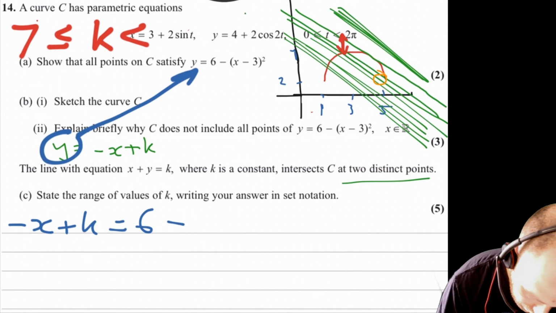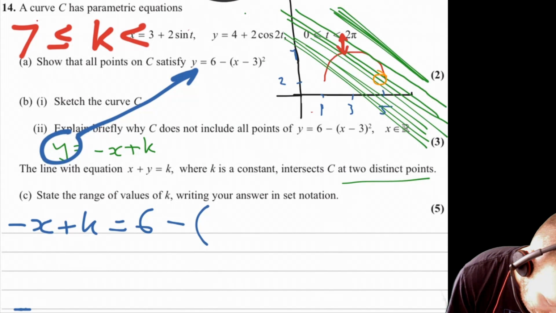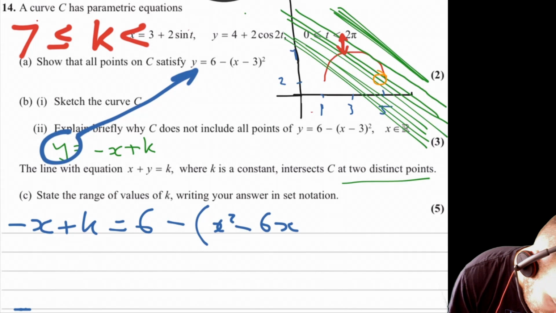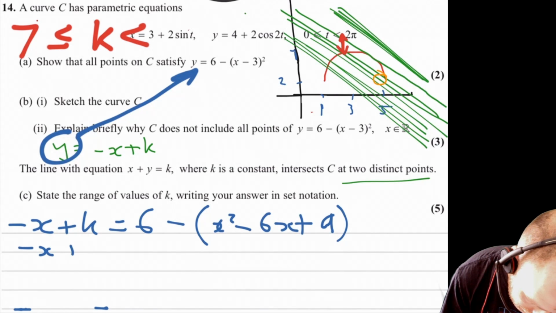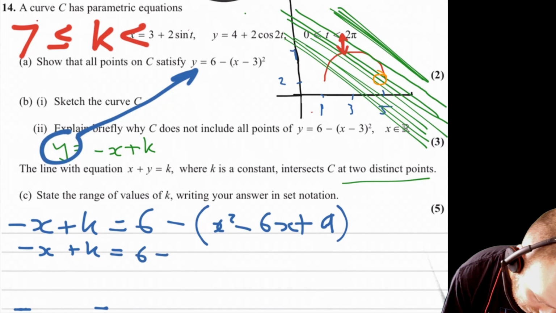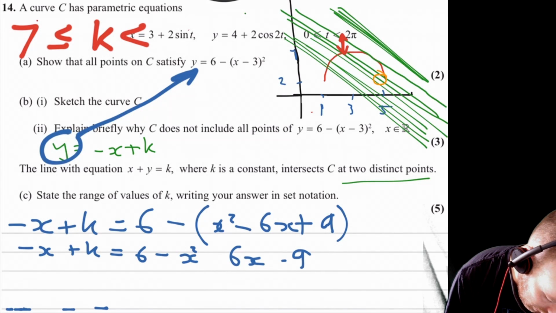Take, and I think I'll expand this at this point. Minus x squared minus 6x plus 9. So minus x plus k is 6. Take x squared plus 6x. Take 9.